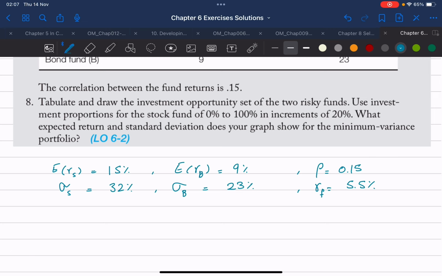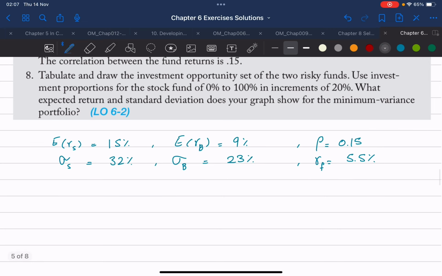The covariance matrix is going to look like this. You're going to have bonds and stocks, and here we're also going to have bonds and stocks.